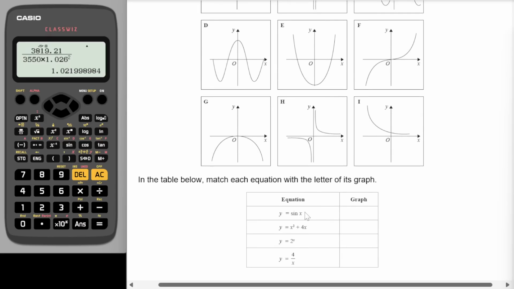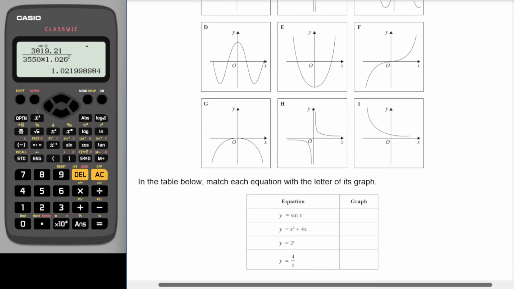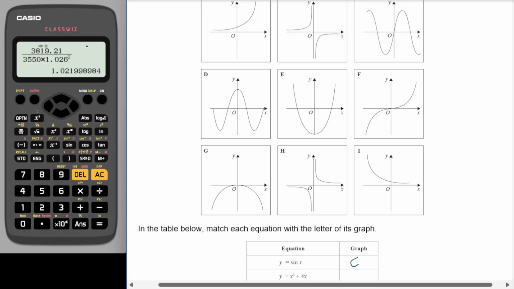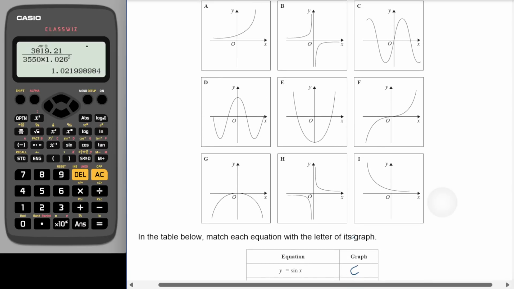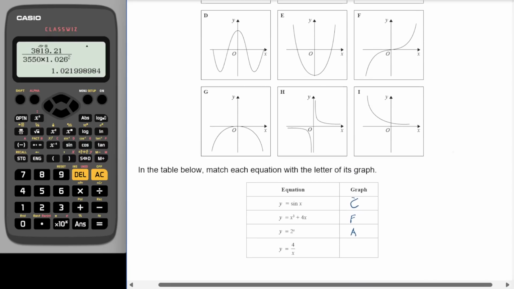The sine curve is a constant wave, so we've got our constant waves D and C. The sine curve starts at 0 though, so that would have to be graph C. Positive cubic, so that's going to be F. A positive exponential is going to be A. And then a positive reciprocal graph is going to be H.